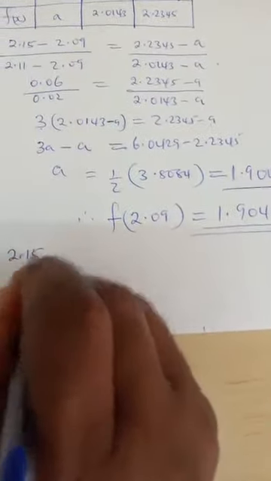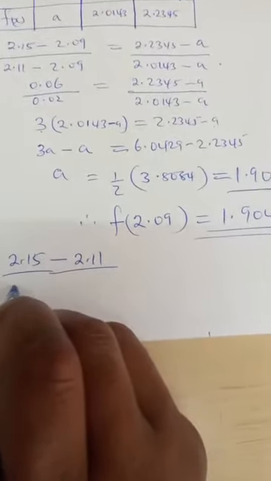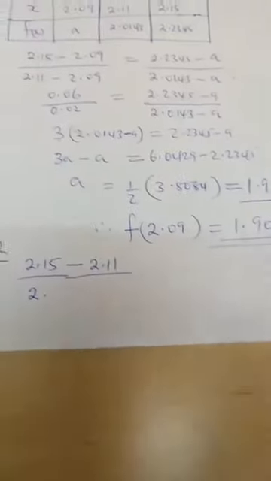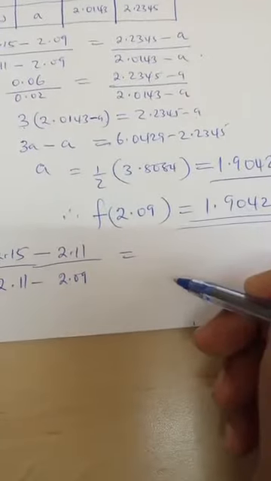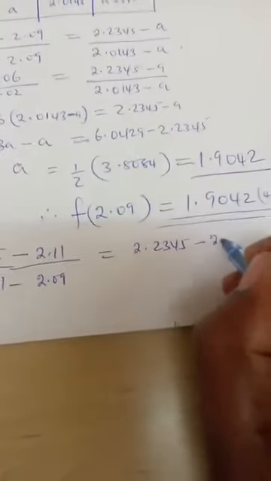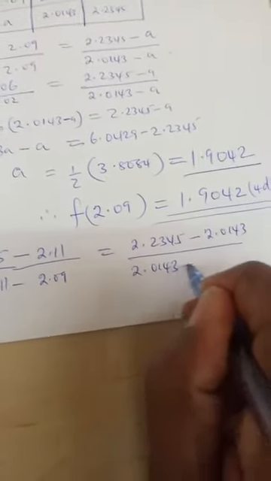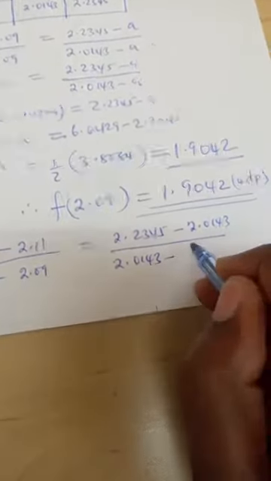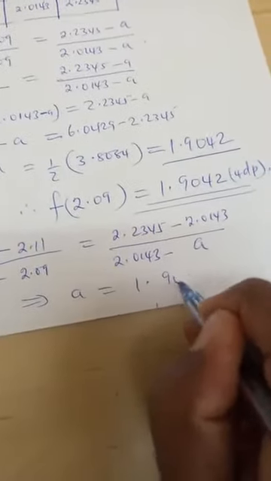Instead of using 2.15 minus 2.09, you could use 2.15 minus 2.11 over 2.11 minus 2.09, which would be equal to 2.2345 minus 2.0143 over 2.0143 minus A. If you compute, it should still give you the same A.